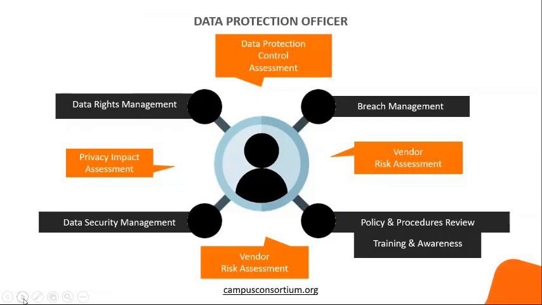He will play the advisory role within the organization if any changes have to be made within the technology or within the process, or for that matter, any changes which affect or alter the PII information. So the data protection officer plays a vital role in the GDPR.